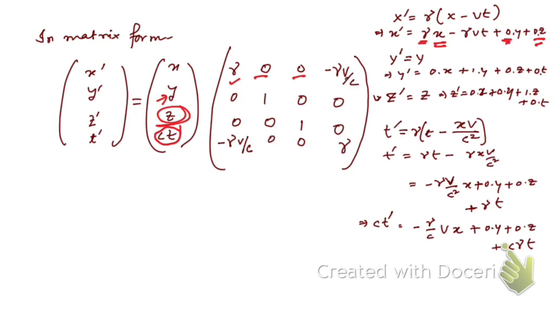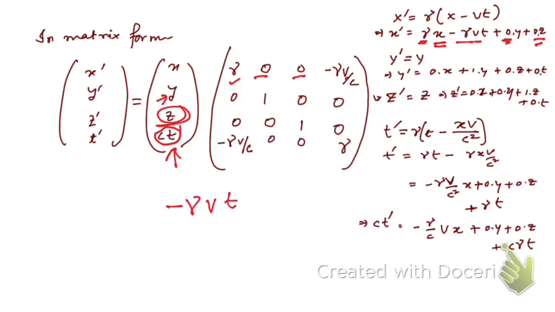So here you see ct, the coefficient of ct from this equation. This is the coefficient of t here, you see, minus gamma into v. Now let me write this term here, just minus gamma v into t.